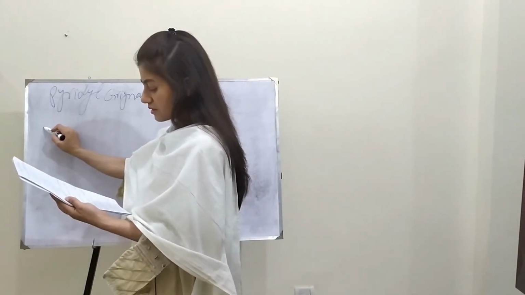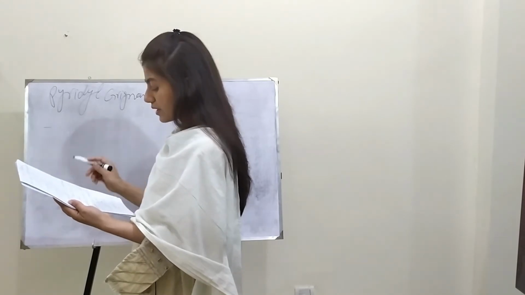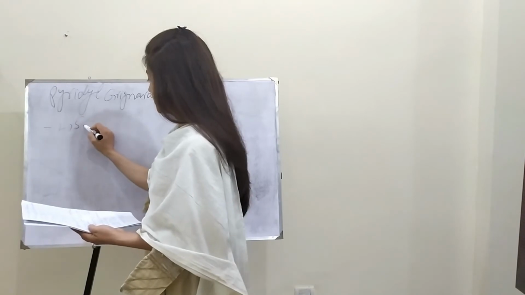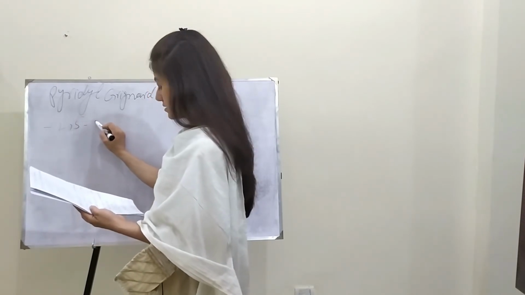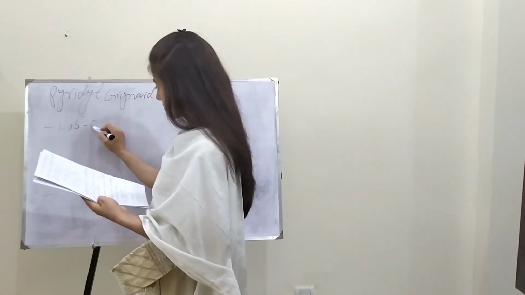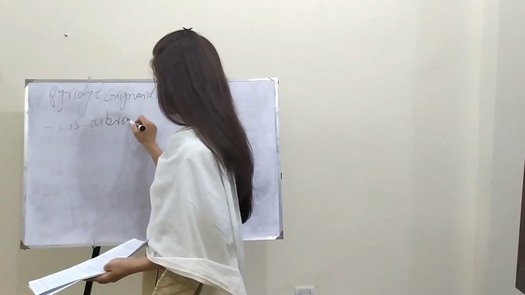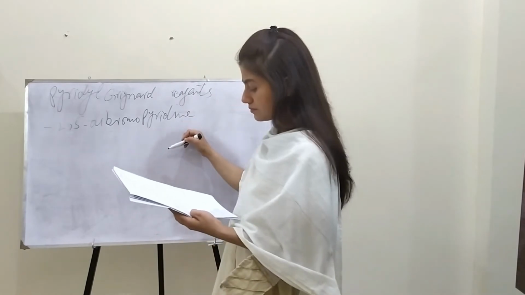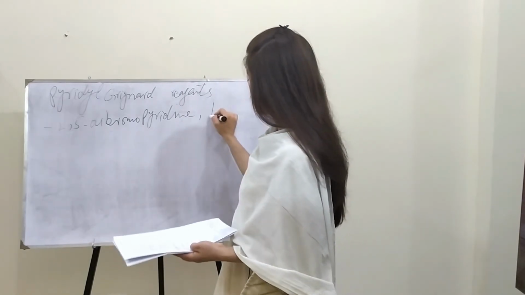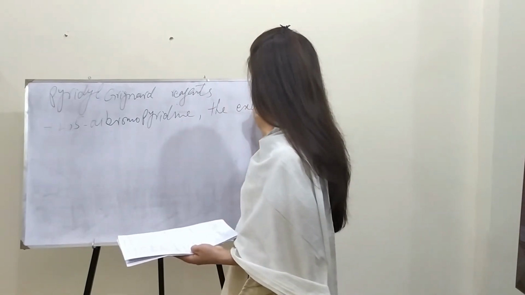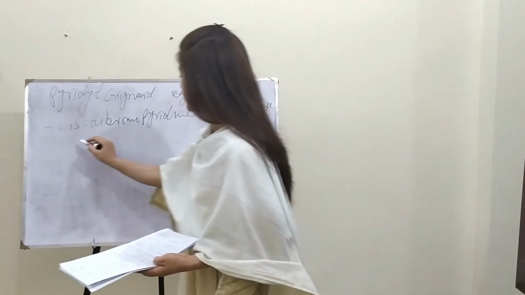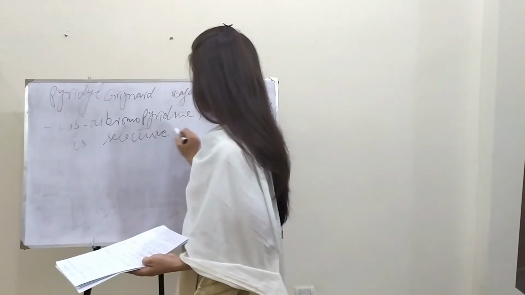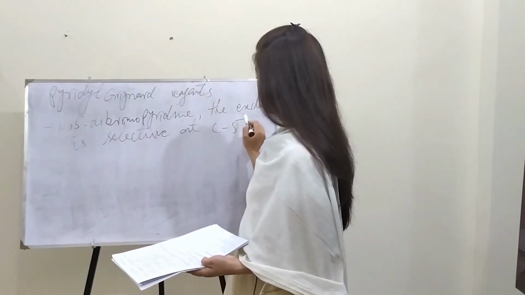For example, we will see the next one. The other point is that in the case of 2,5-dibromopyridine, the exchange is highly selective at carbon number 5.